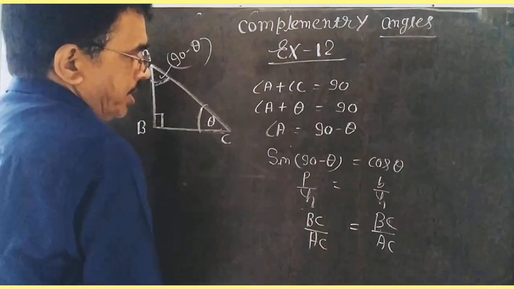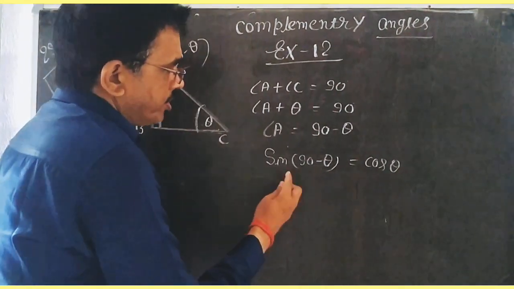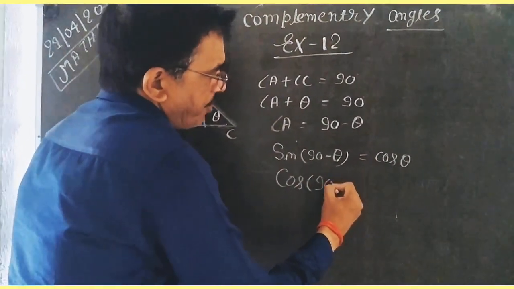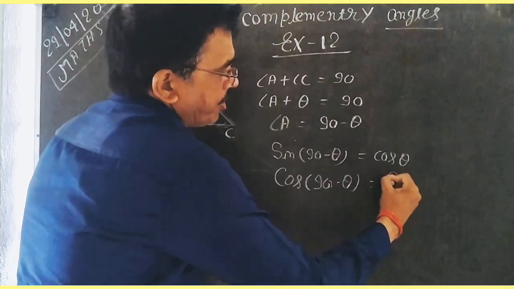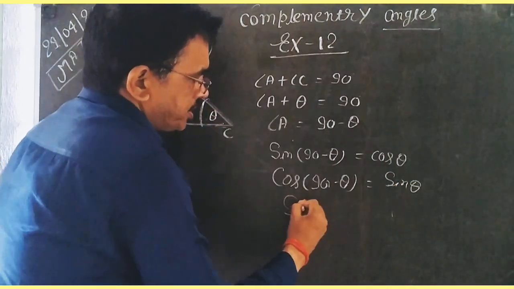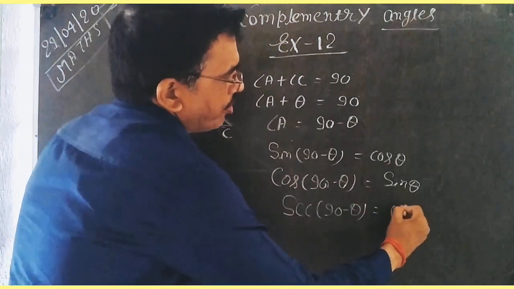So both are equal. Sine 90 minus theta is equal to cos theta. Similarly, you can write cos 90 minus theta is equal to sine theta. Next, sec 90 minus theta is equal to cosec theta.